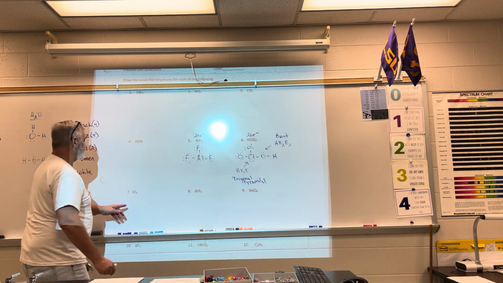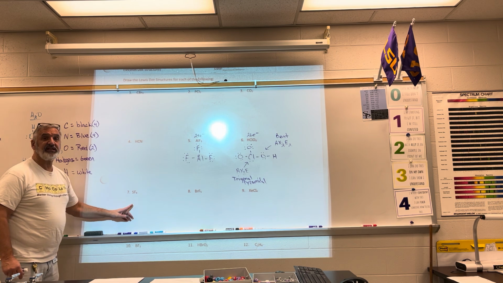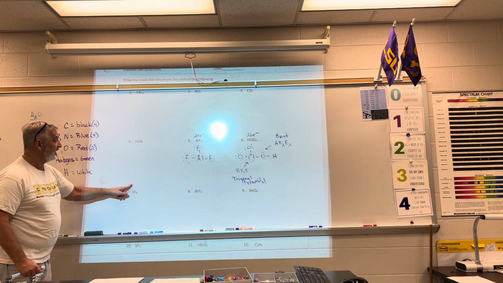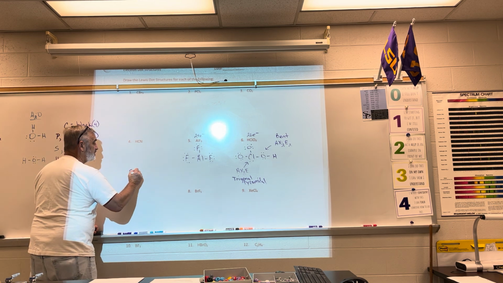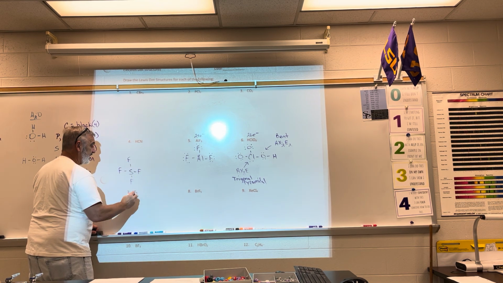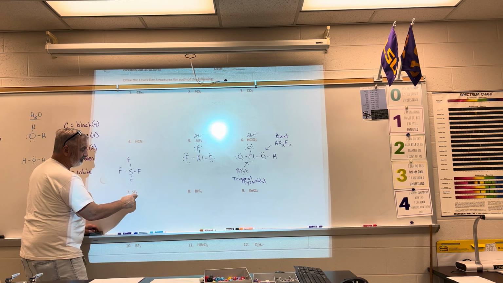Okay. So now I want to just look at some of these. SF4. Okay, I'm going to draw it up here just so I don't move anything. SF4, I think we already drew this. It's got 7 times 4 is 28 plus 6 is 34 electrons.